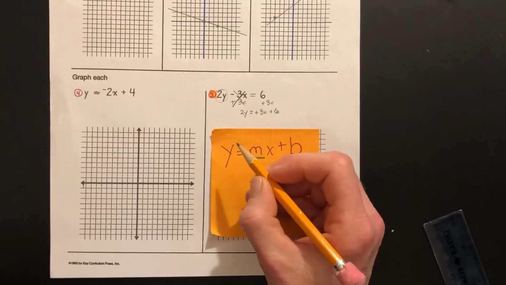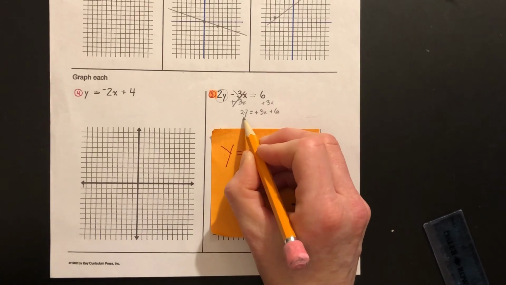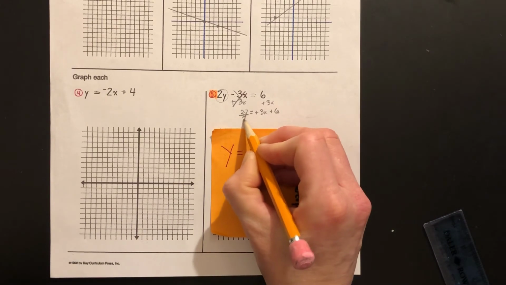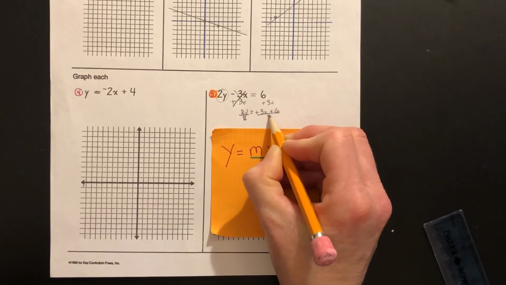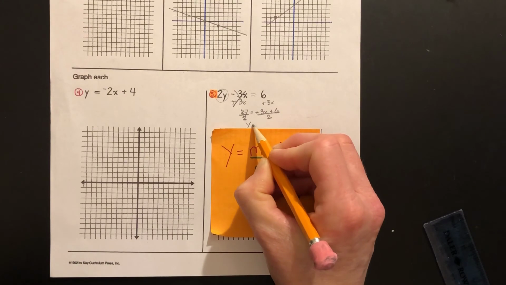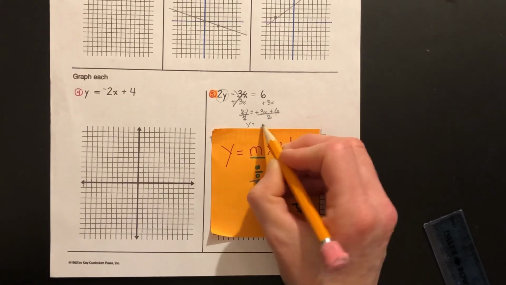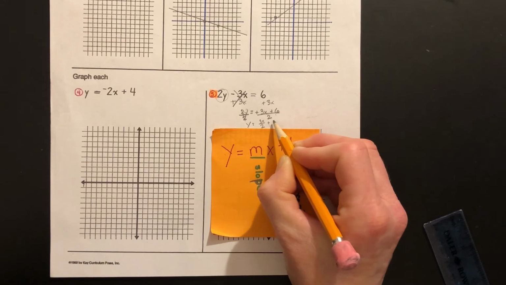Our next goal is to get just the y by itself. We'll have to divide by 2. And what we do to this side, we have to do to this side. This leaves me with y equals, I'm going to separate the terms, 3x over 2 plus 6 over 2.